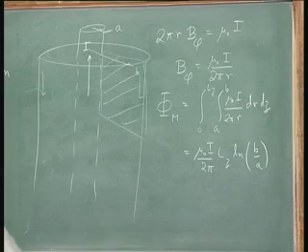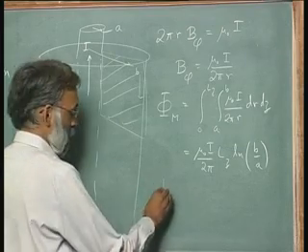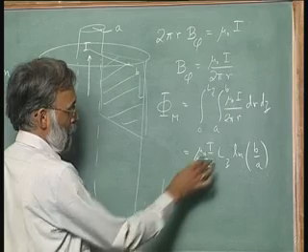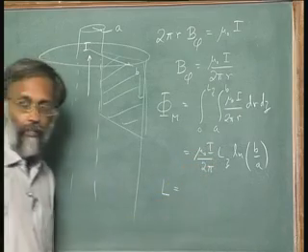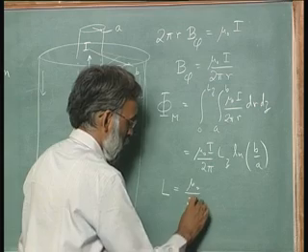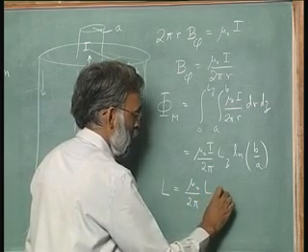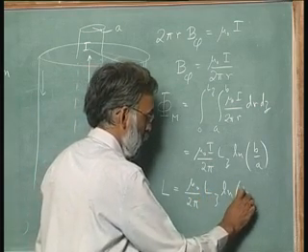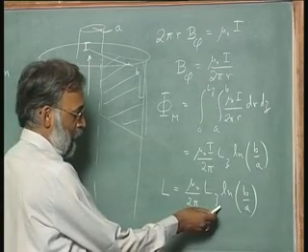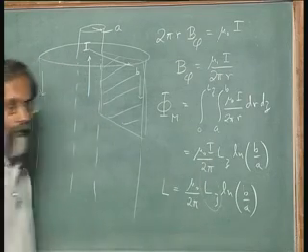So, I can define an inductance. Inductance will be phi over I, because there is no n, n is 1. So, I get mu naught over 2 pi Lz ln B over A. So, the inductance in this example is proportional to the length.